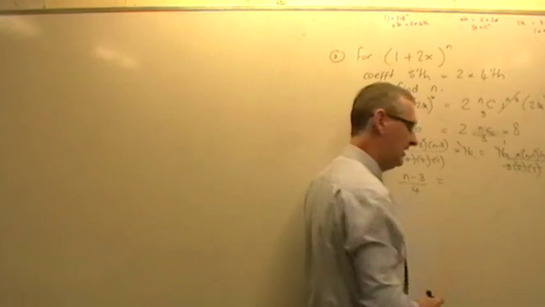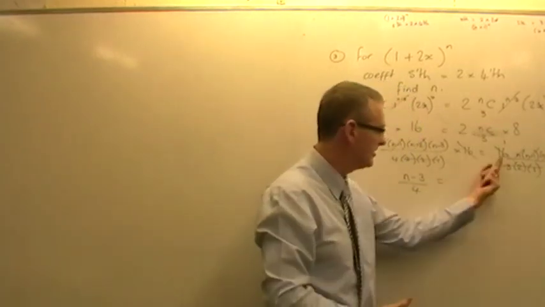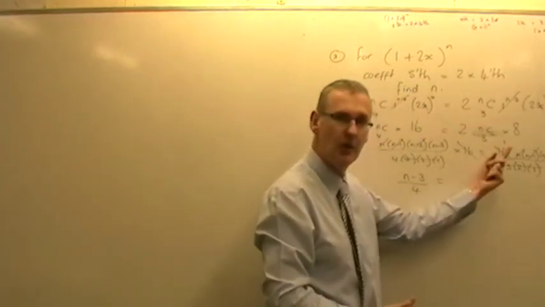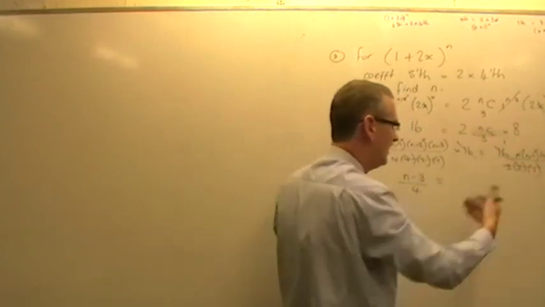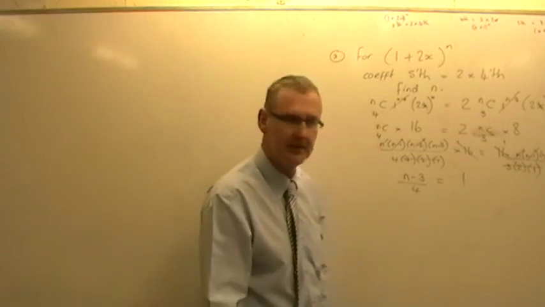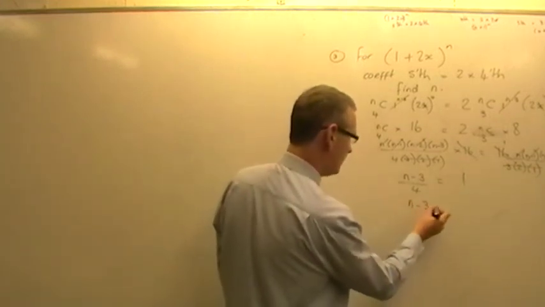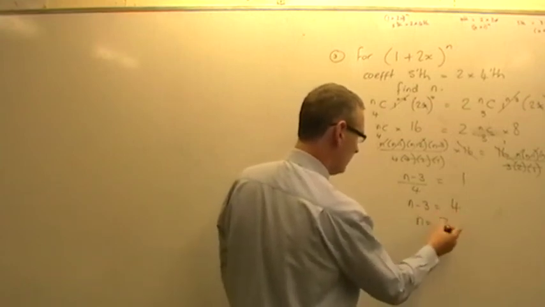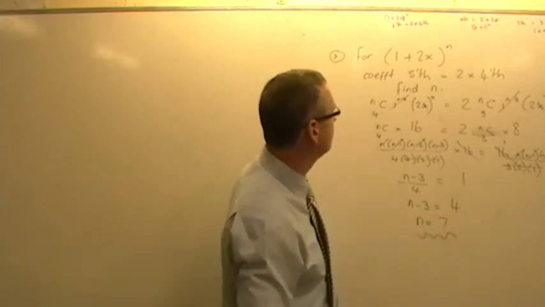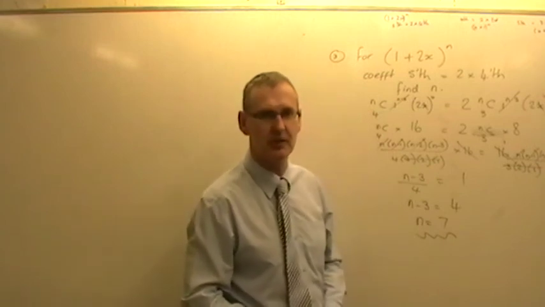So really what's happening is everything is becoming a 1. The 16 divided by 16 becomes 1. So it's 1 times 1 times 1 times 1 over 1 times 1 times 1. So you just get 1 there. So this becomes n minus 3 is equal to, times both sides by 4. So take the 3 over, you get n equals 7. So n must be a power 7 in that situation.